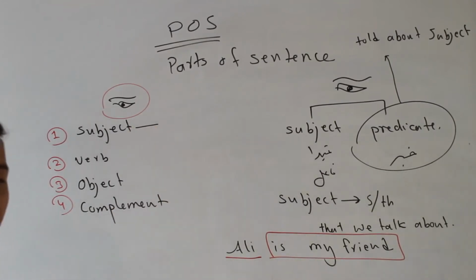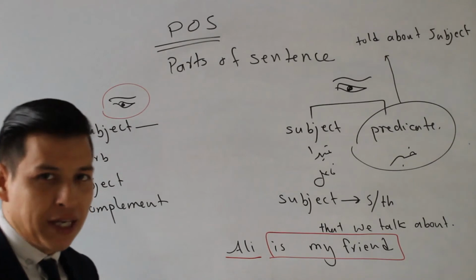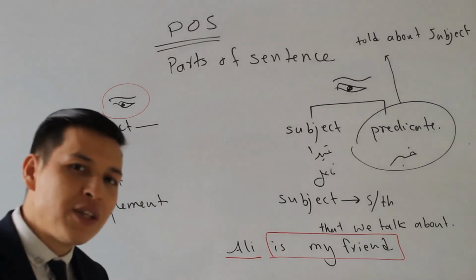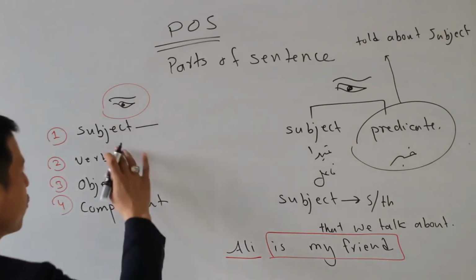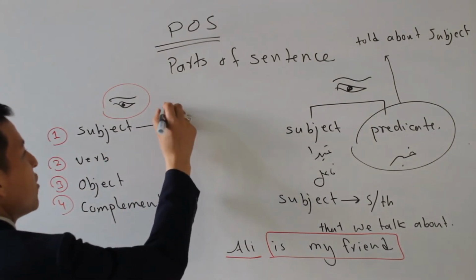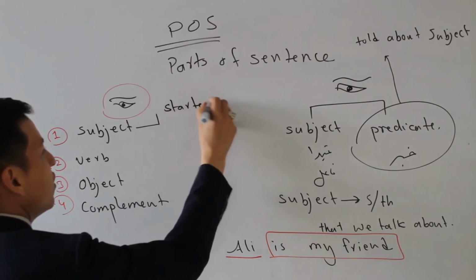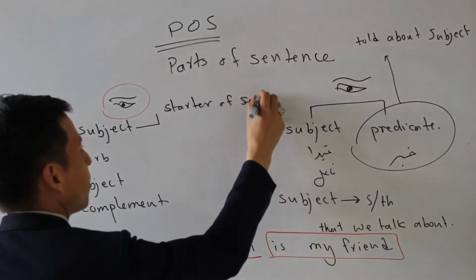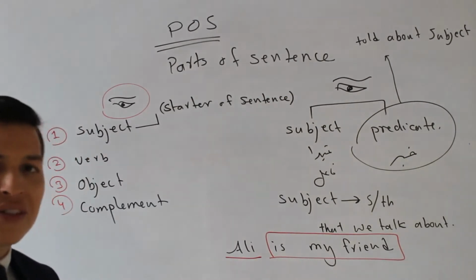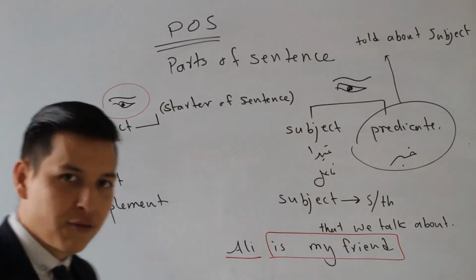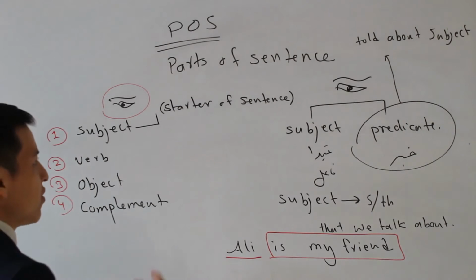Subject, as I told you, it is something or someone that we talk about, but in here we say for the subject three main definitions. The first definition for subject is what? It is the starter of the sentence. It starts the sentence. The first word of the sentence is the subject.